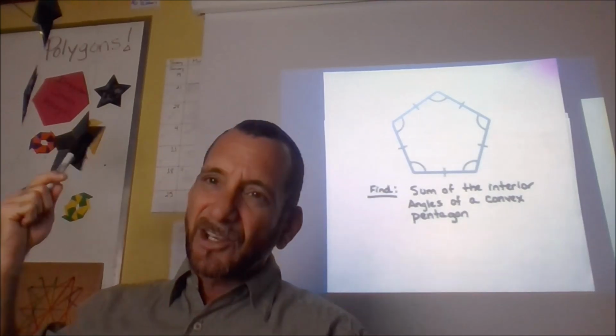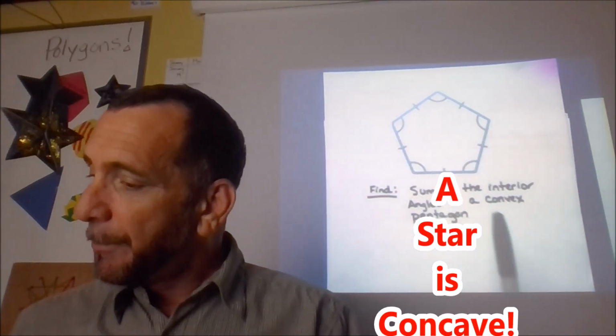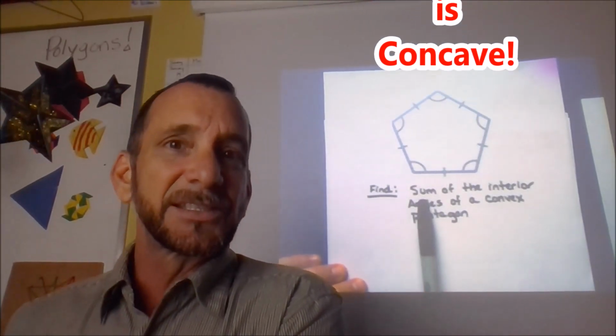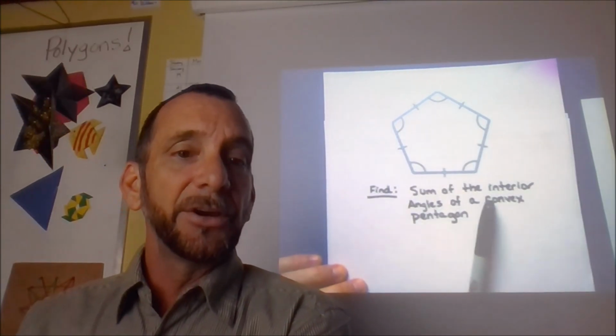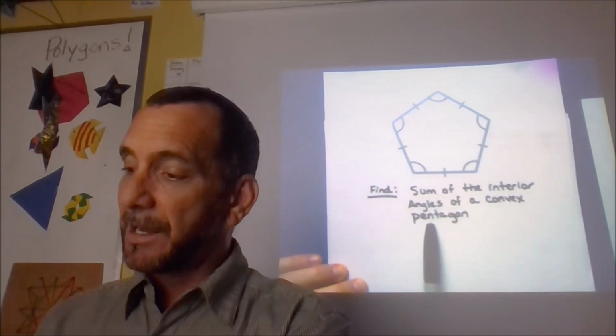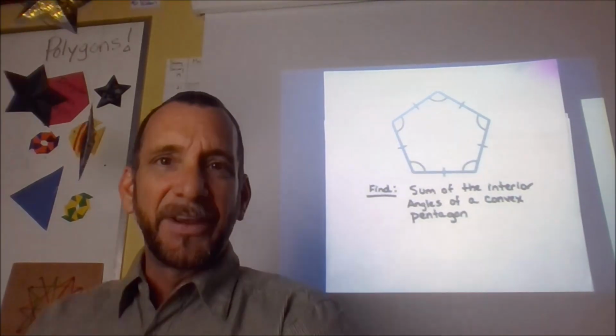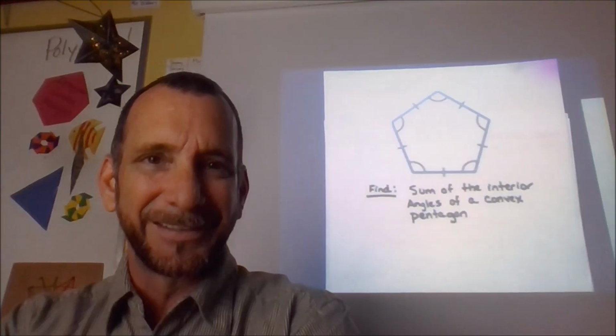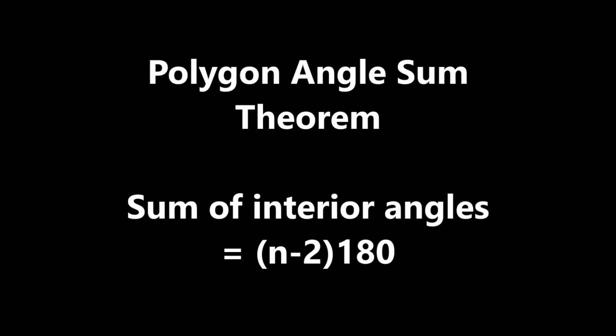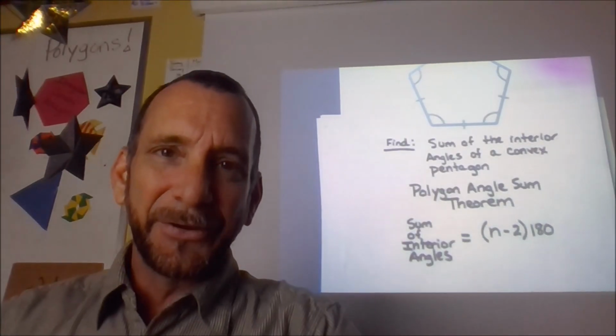So we can leave stars out of this equation, but we're going to find the sum of interior angles of a convex pentagon. Well, that is a very simple formula. Here it is.